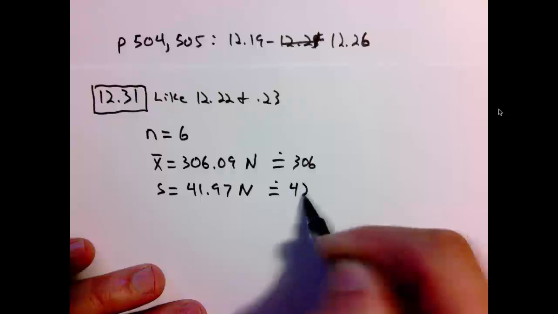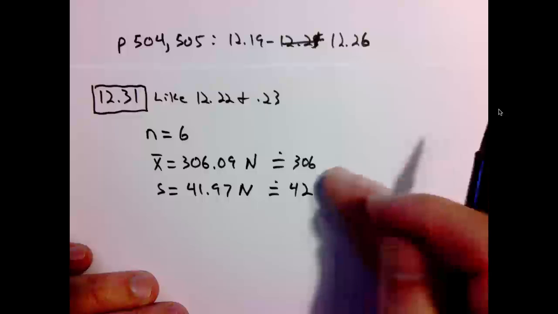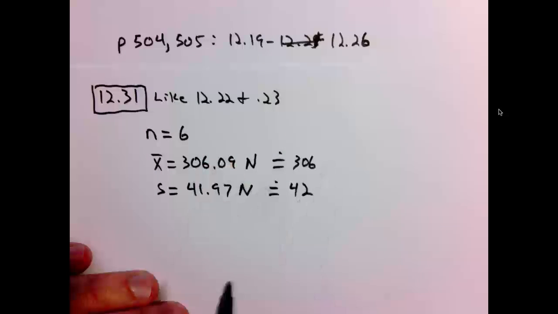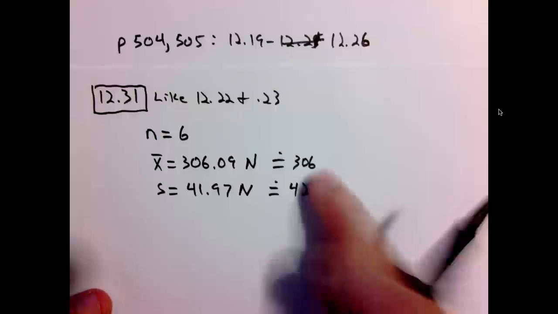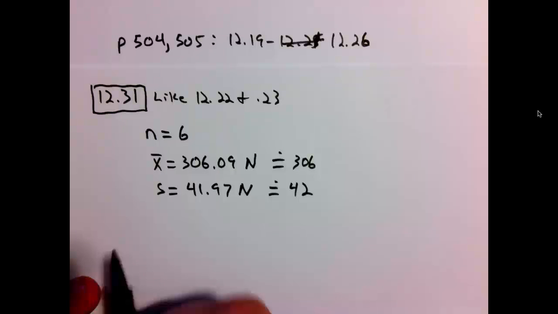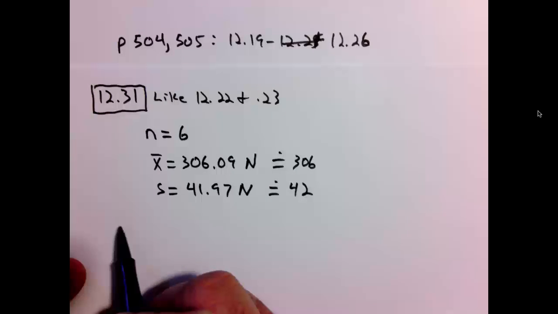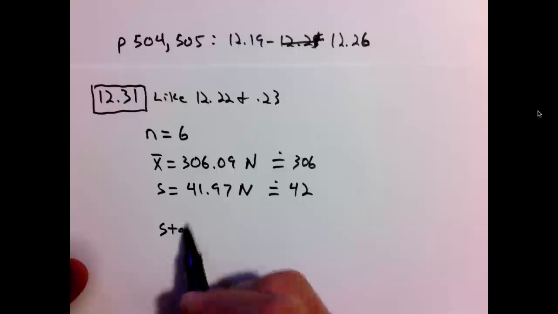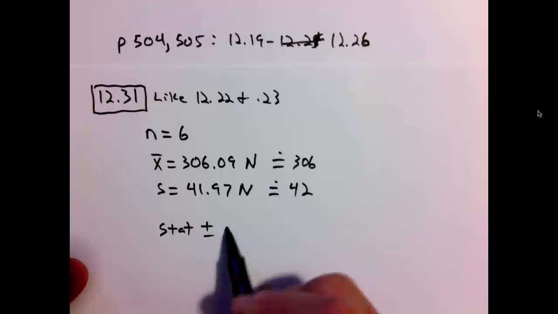Should we always do this kind of rounding? Not necessarily. It wouldn't be too hard to use these numbers, but I'm going to make this change here for the sake of the video and simplifying our life a little bit. Well, first let's begin with our interval. We know that in general it is the statistic plus or minus some margin of error.